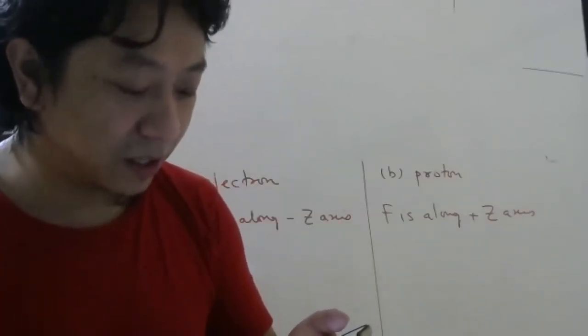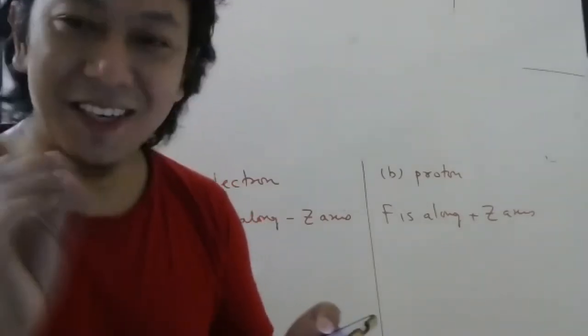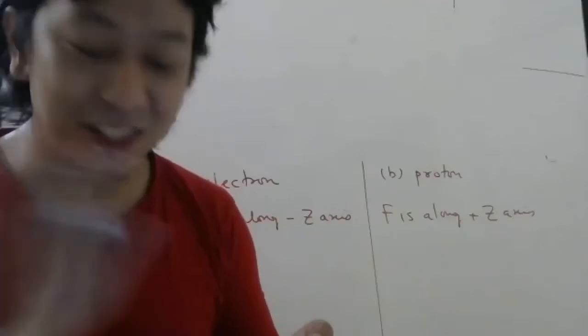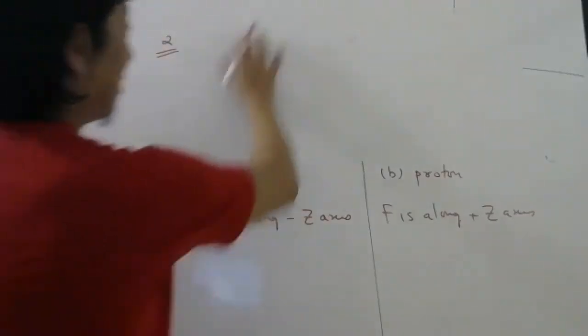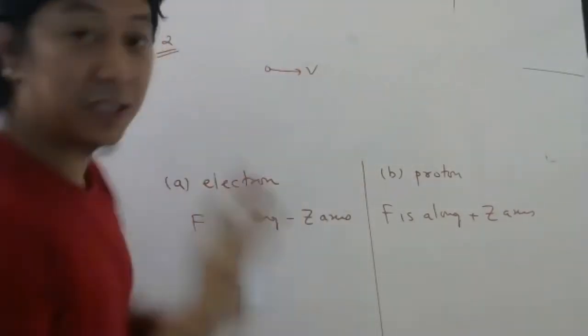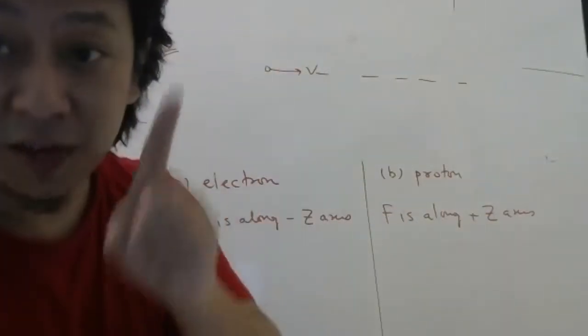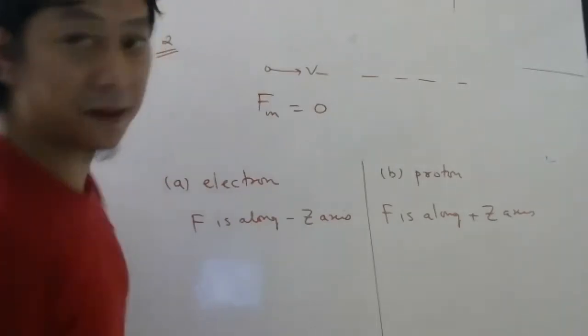Oh, no, this is not velocity selector. This is a simple question only. So there is a magnetic field in some region. Proton is going like this. It does not get deflected, meaning it goes straight.